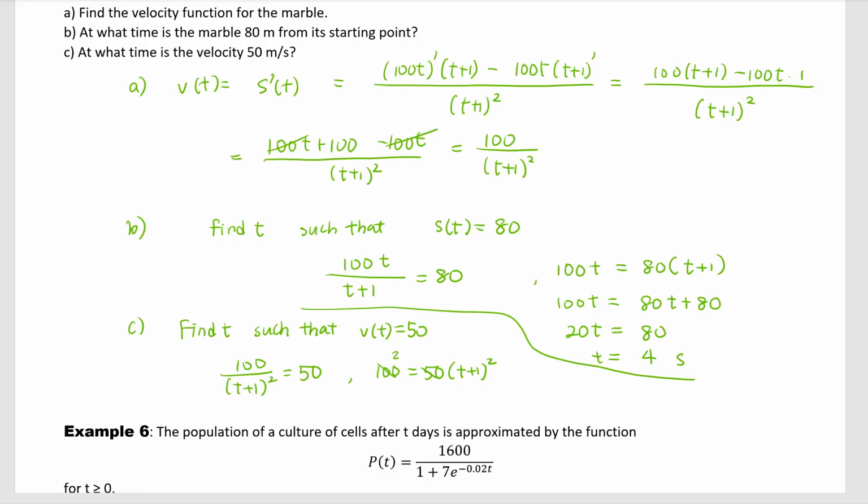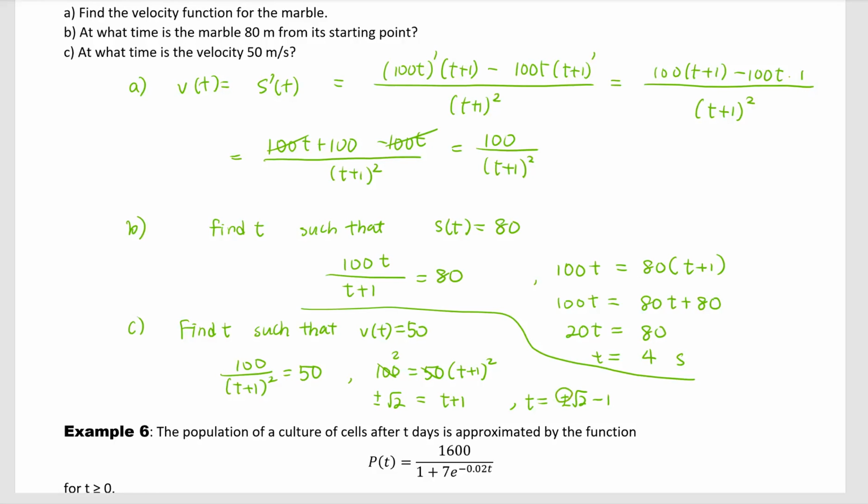Divide both sides by 50, then you get 2. Then take the square roots of both sides: square root of 2, but when you take square roots, you get plus or minus. Be careful with that. So t is plus or minus square root of 2, minus 1. But can t be a negative number?